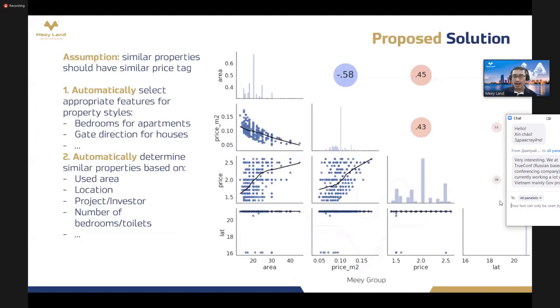So with AI, it could automatically select really good features that are appropriate for a certain property style. That's the first thing. And the second thing is that after determining good features, it can automatically group similar properties together.